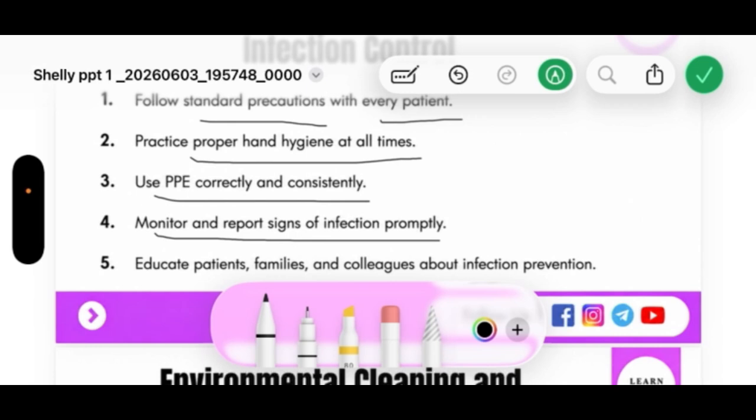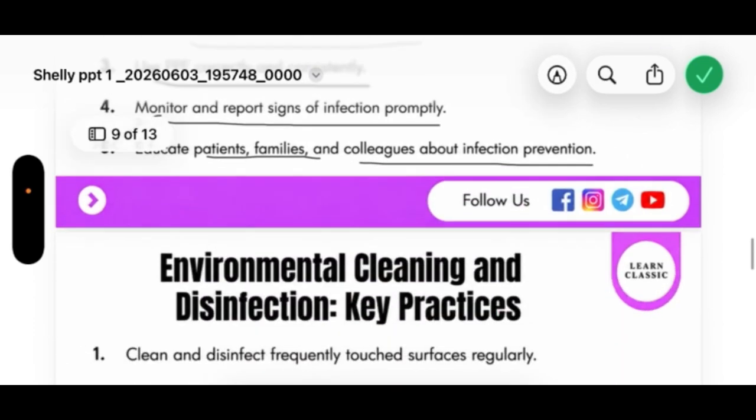Educate patients' families and colleagues about infection prevention. This is also very important, because if we are maintaining it and the patient's family members or other people are not maintaining equally, that may also lead to spread of infection.